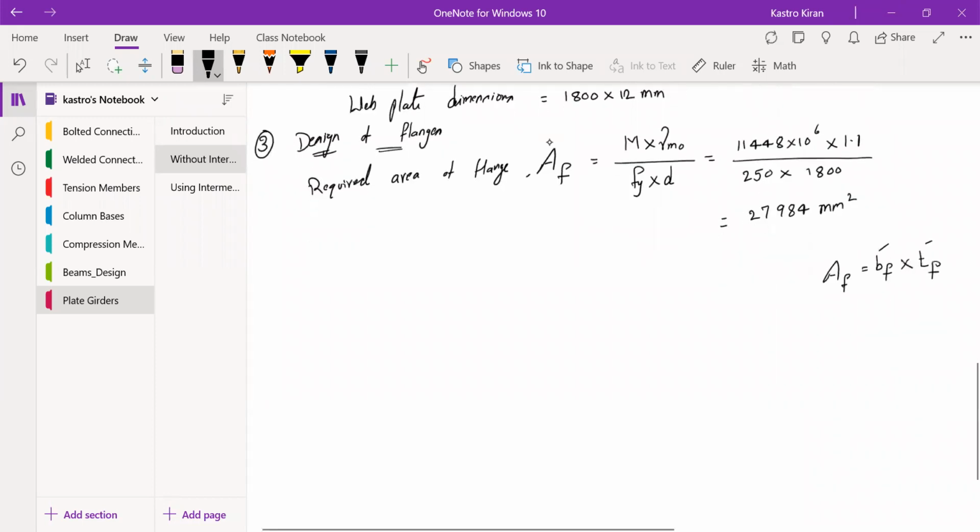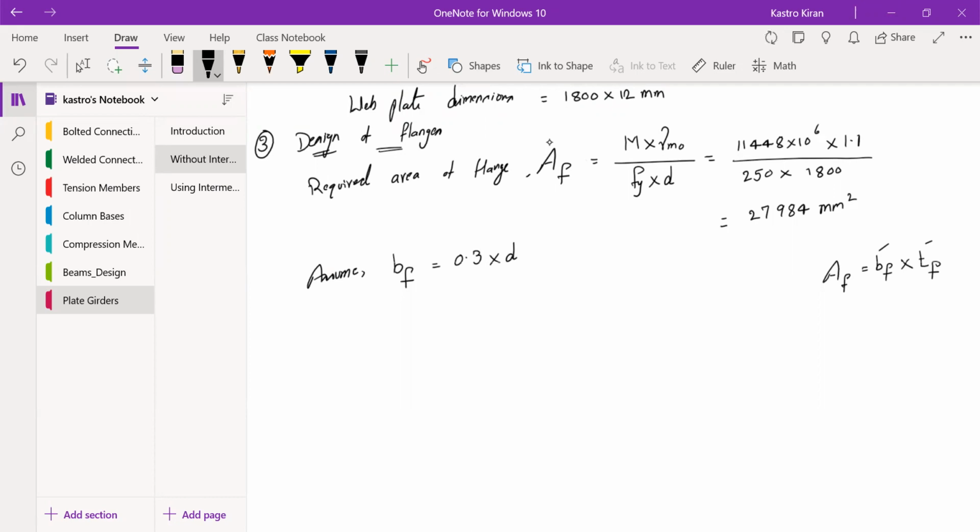What you have to do is assume one condition here. Assume width of flange, bf, equals 0.3 times the depth of girder.